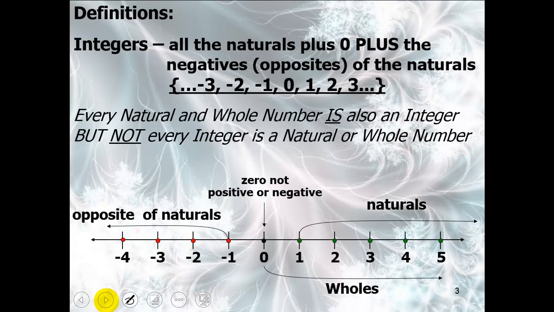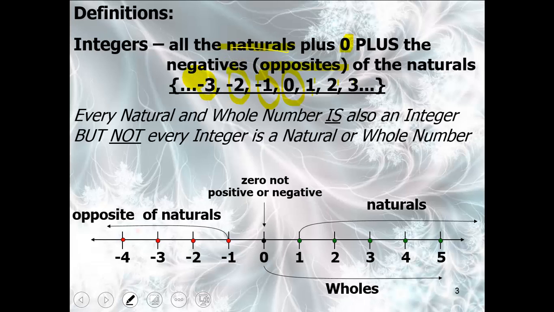The next classification is an integer. The integers include all of the naturals, 0, and then the opposites of the naturals. So we have the naturals, 1, 2, 3, keeps going, right? We have 0, and then we have the opposites of all of the naturals, -1, -2, -3, -4, -5, -6.